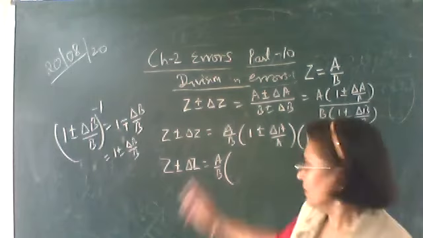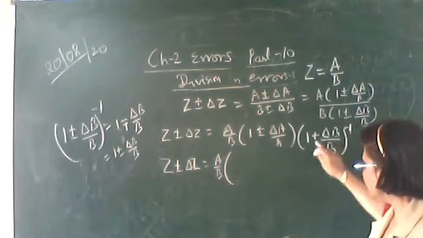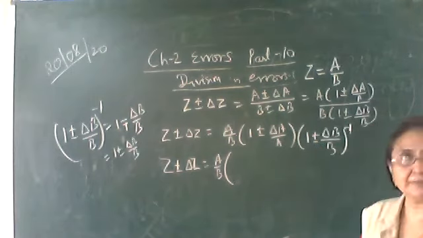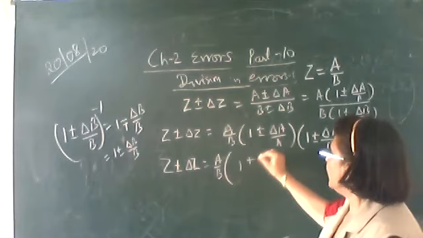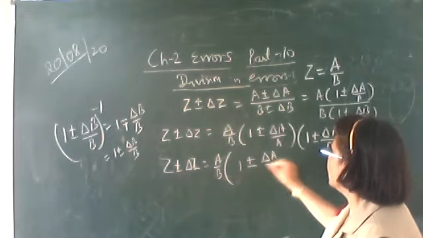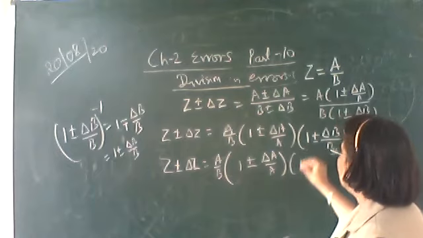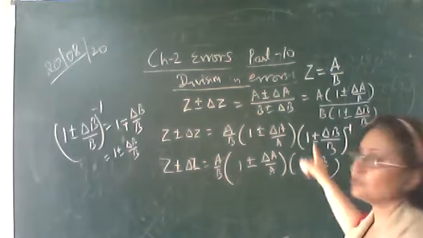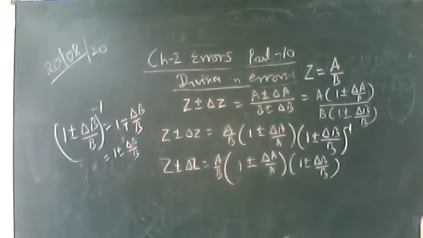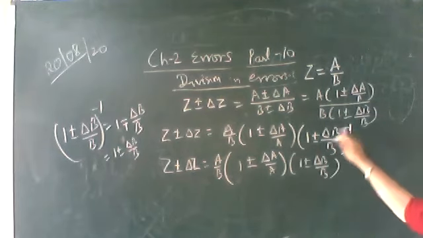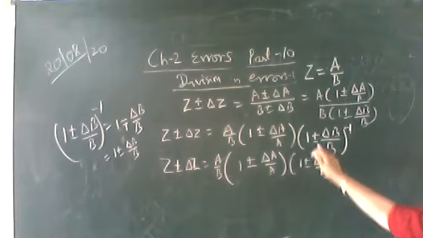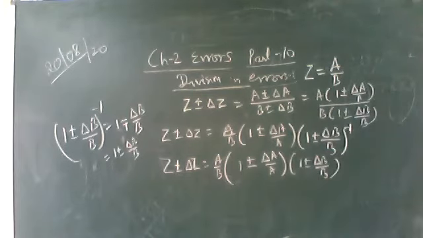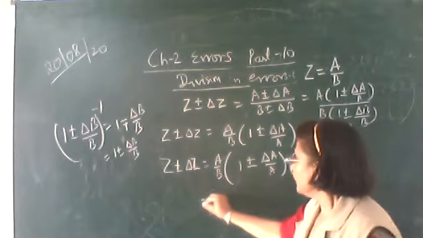So this minus 1 is multiplied with this plus minus, and we get 1 plus minus delta a upon a and 1 plus minus delta b upon b. Just we have multiplied minus 1 with plus minus, so we get minus plus or plus minus, the same thing. Nothing to worry about.